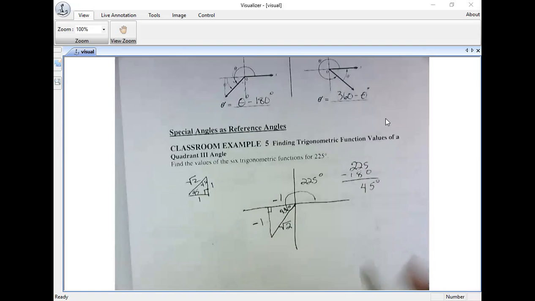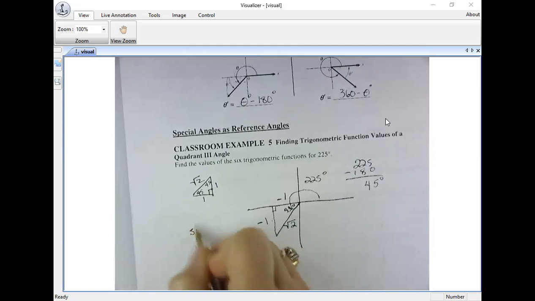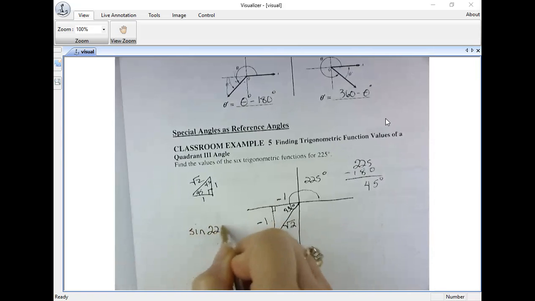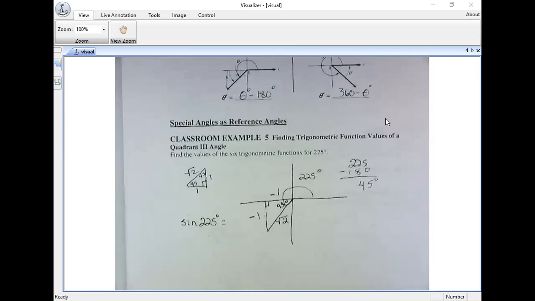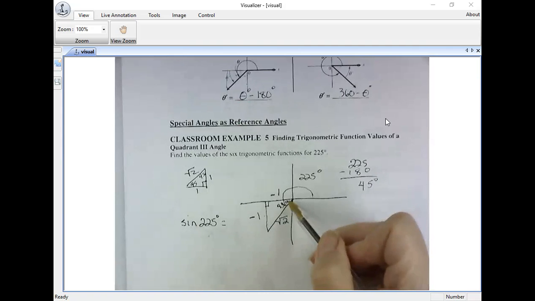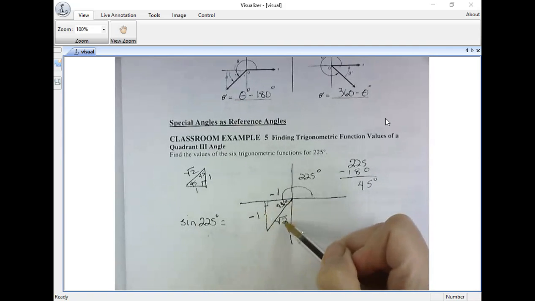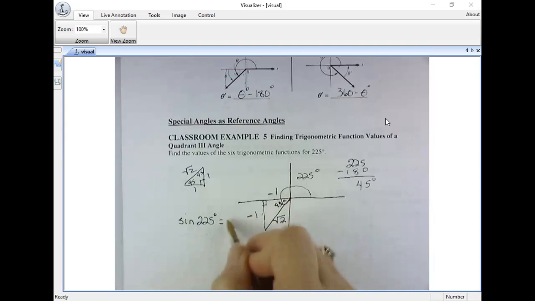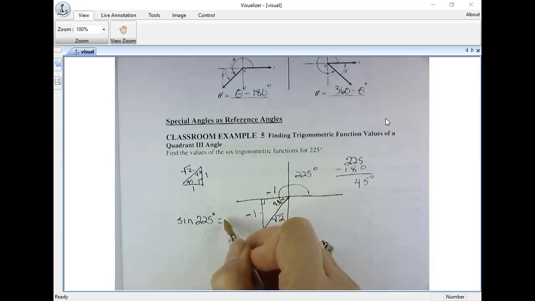And now let's see if we can come up with the sine of 225 degrees. It would be how much? Opposite over hypotenuse, so -1 over square root of 2, which turns into negative square root of 2 over 2, right?